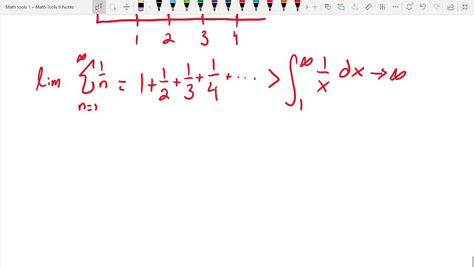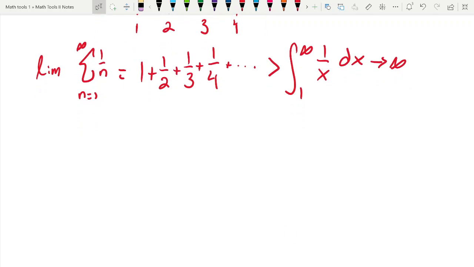So let's go ahead and look at an example of that. We don't need to look too far. We can just look at the sum of 1 over n squared. Okay.